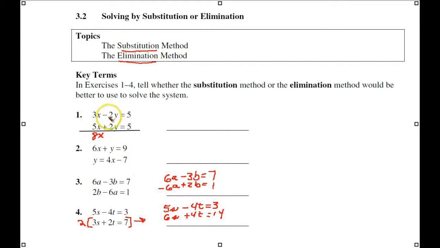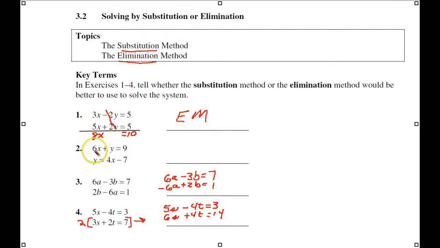But here, because they're opposite signs, the y's are just going to cancel out, and that's going to equal 10. So the choice of what you would do for number 1 is use the elimination method. And we're showing you part of that. Now, they're not asking us to solve it. They just say, what method would we use?